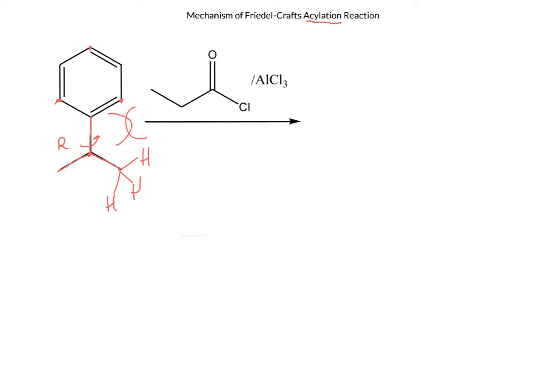Therefore, the major product will be the para product. So again, the main thing to remember here that when you have a branched carbon atom at the benzylic position, whether tertiary or quaternary carbon, in this case tertiary, ortho substitution is difficult, and the major product will be the para product.